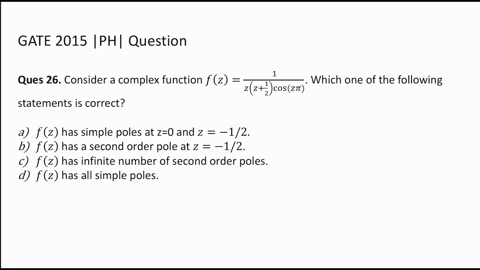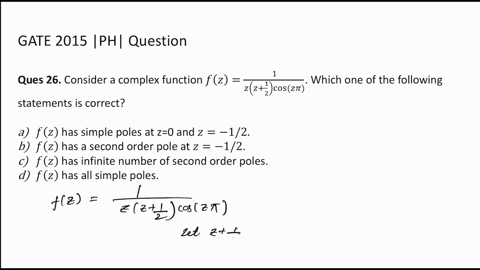So the function is f of z equal to 1 upon z into z plus half and cos of z pi. Okay, so we can just let z plus half equal to t.